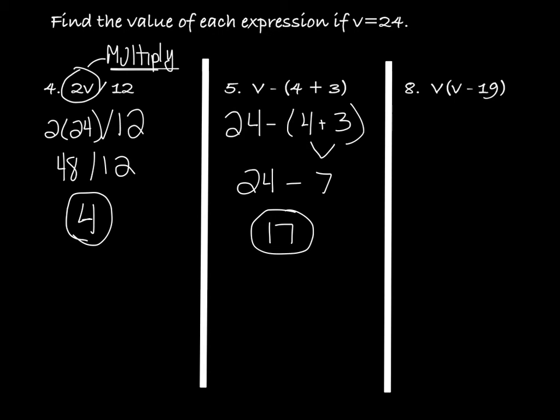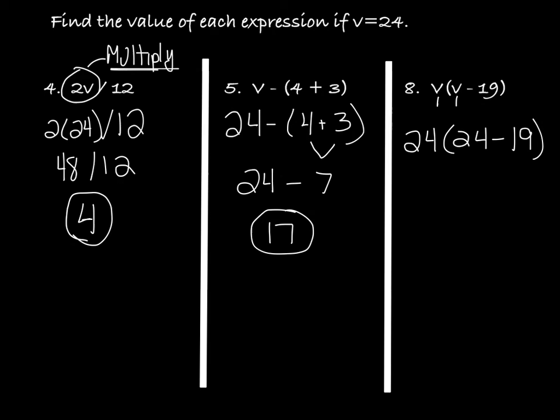And last one. Again, anytime I see a v, you'll see this time there are 2 v's. All that means is I put the 24 in twice. So now this one is going to be 24 times the quantity, 24 again, minus 19. So all I did was put the 24 in for both of those v's.